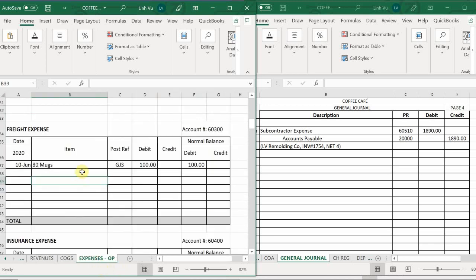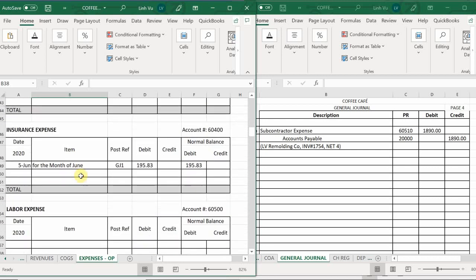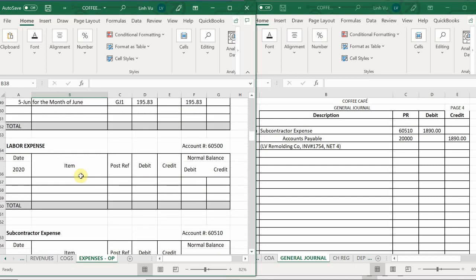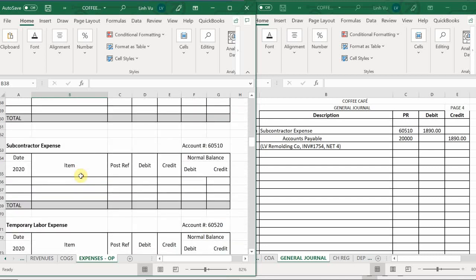It's an expense. Sorry, I gave you the answer to that. Yes, it is an expense. So let's go to expense operating. Here we have freight expense, we have insurance expense, labor expense. Here you go, subcontracted labor expense.